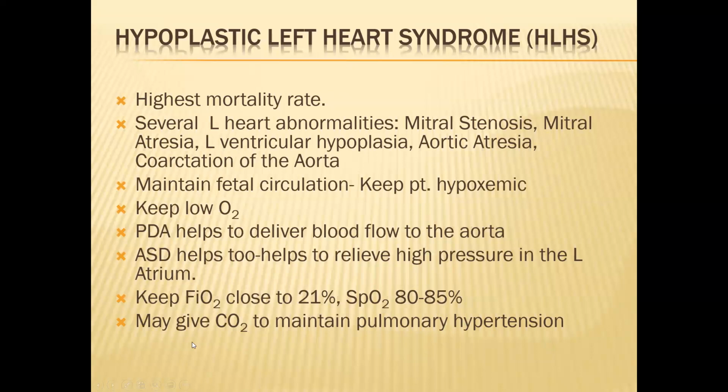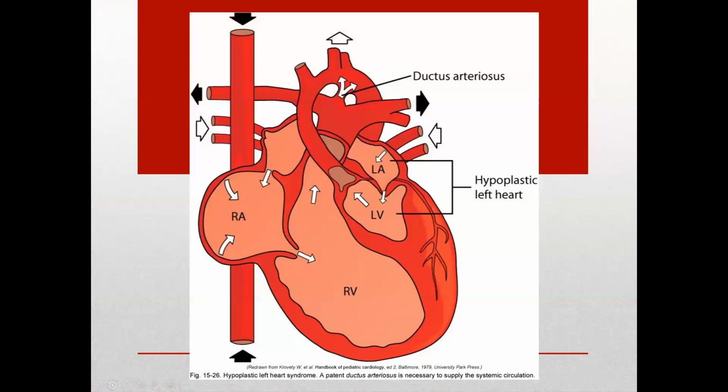Also, you might have an order for giving carbon dioxide because that's another thing that causes constriction of the pulmonary vessels. Remember, hypoxia constricts pulmonary vessels, and the high CO2 and acidosis also constrict pulmonary vessels. So let's keep the pulmonary vessels constricted, and now we want to know why.